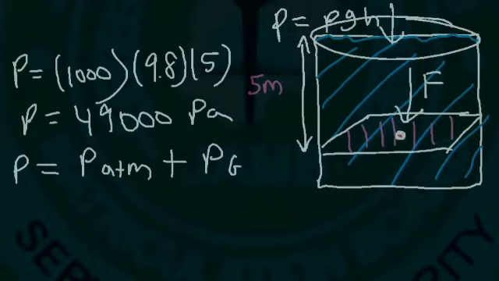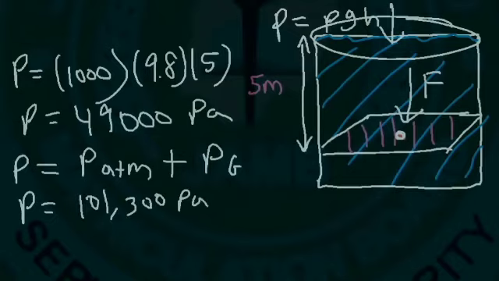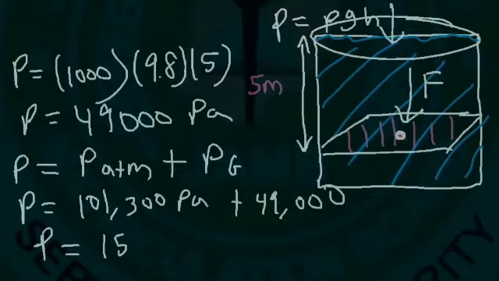The gauge pressure is simply the pressure that is above the atmosphere. The atmospheric pressure is 101,300 pascals, and the gauge pressure is the pressure due to the weight of the water above that cross-sectional area, so that's the 49,000 pascals. So the absolute pressure at that point is going to be 150,300 pascals.